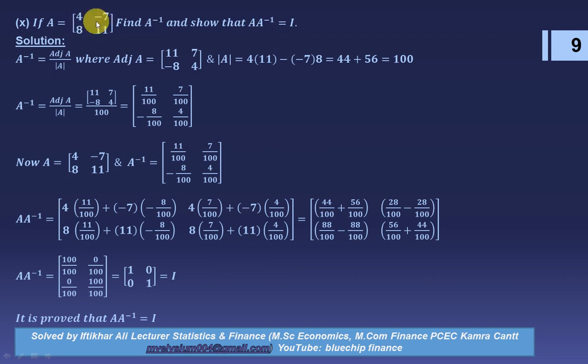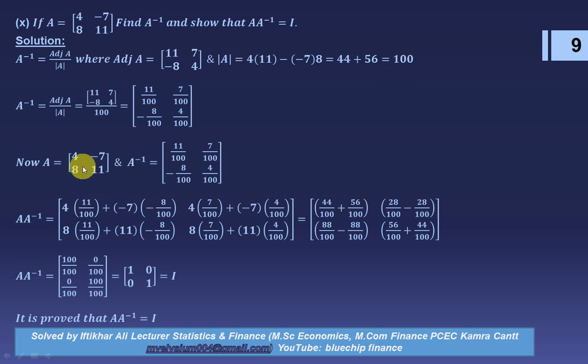So the adjoint of A will be [11, 7; -8, 4], and the determinant of A will be 4 multiplied by 11 minus 7 multiplied by 8, and the determinant will be 100.